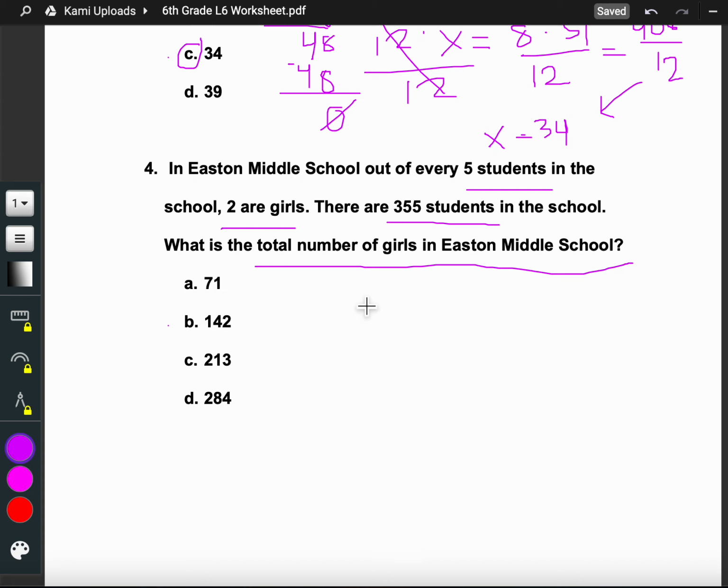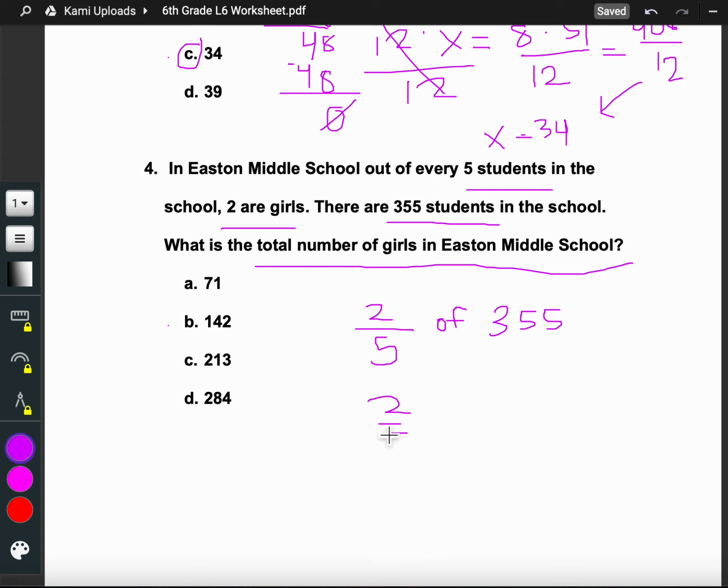So there are a total of 5 students, but there are 2 girls out of those 5 students each time. And we want to find out what is the total number of girls from the 355 students. So we're going to write it out as 2/5 of 355.